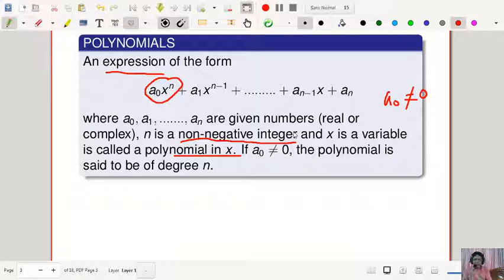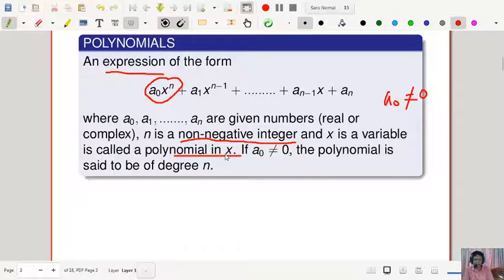If a naught equals 0, then the coefficient of x to the power n will be 0, the whole term will be 0, and it will reduce to x to the power n minus 1, but that is not our target. So if a polynomial is said to be of degree n, its coefficient should not be 0. So that is the concept of polynomials.